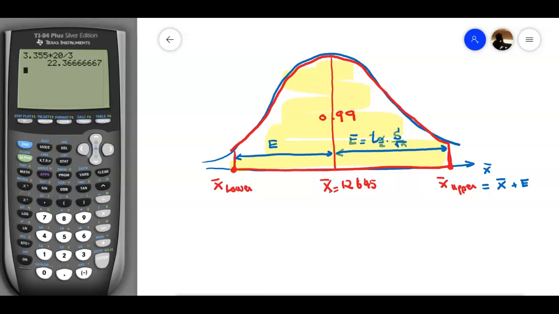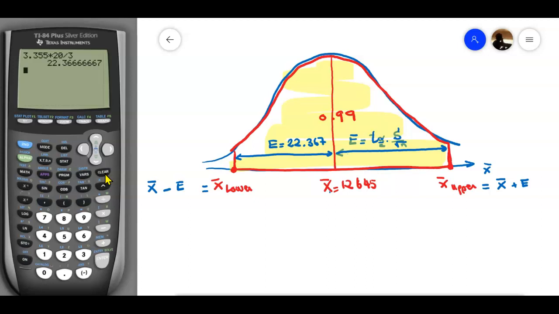And if I'm looking for the lower end, this will be equal to X bar minus E. So we have the E, we have the X bar. E, by the way, here is going to be 22.367, and we can do the calculation, I think.